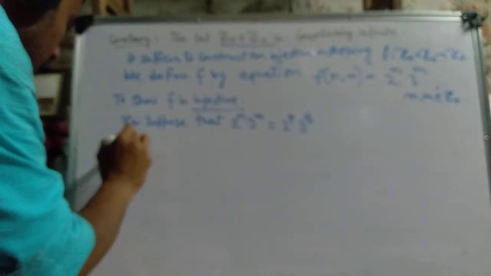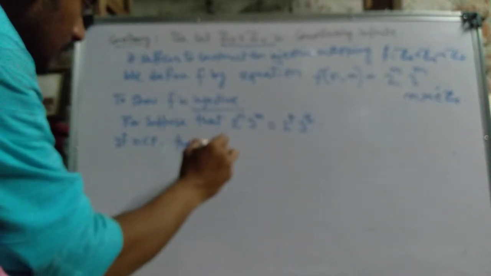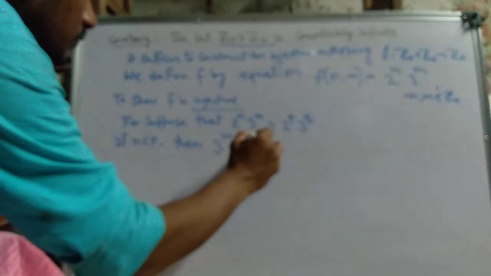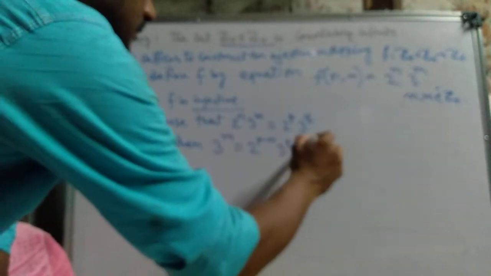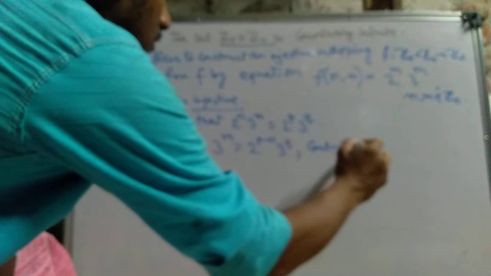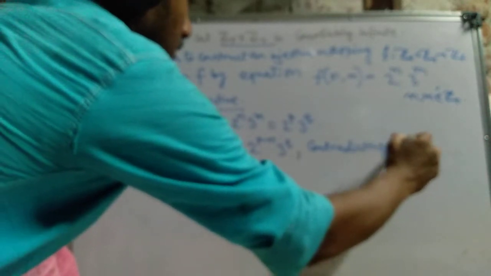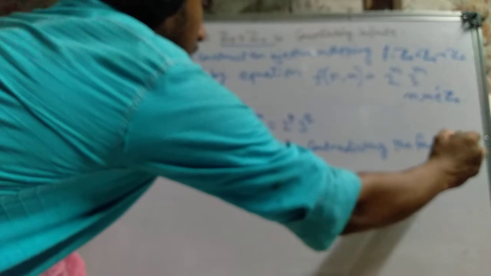If n is less than p, then 3 to the power m equals 2 to the power p minus n times 3 to the power q, contradicting the fact that 3 to the power m is odd for all m.